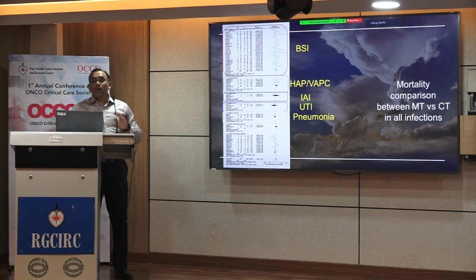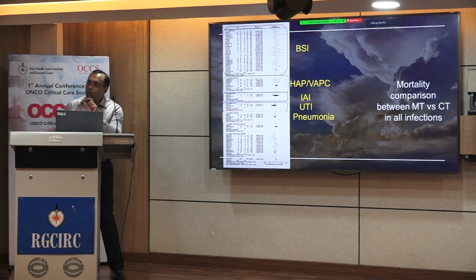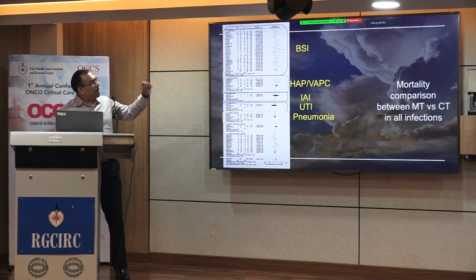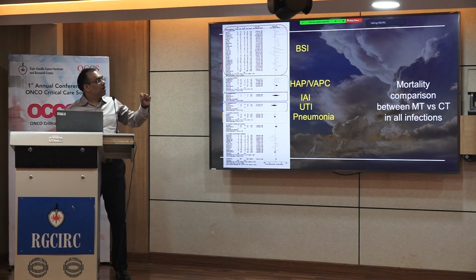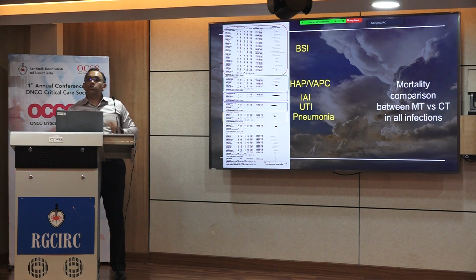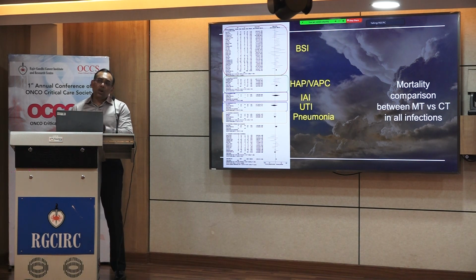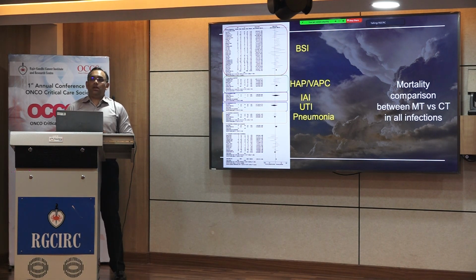When they looked at all infections irrespective of the group, comparing bloodstream infections, HAP, intra-abdominal, urinary tract infection, or just pneumonia, they found that in all categories except intra-abdominal infections, combination therapy had a better outcome as compared to monotherapy.